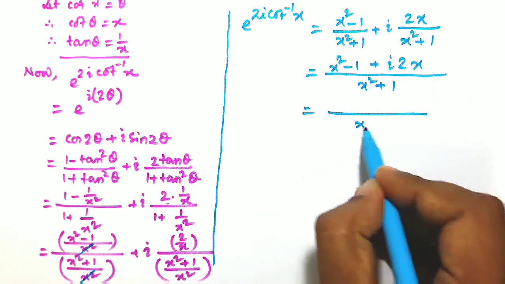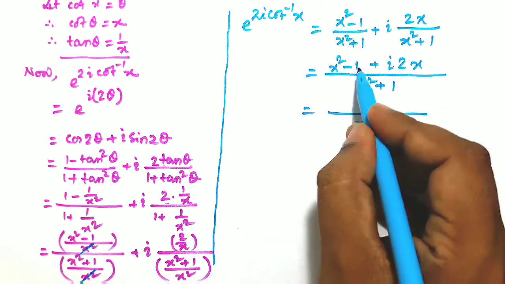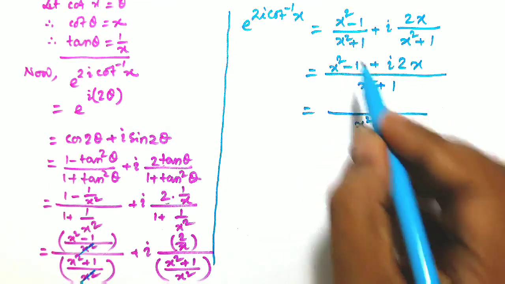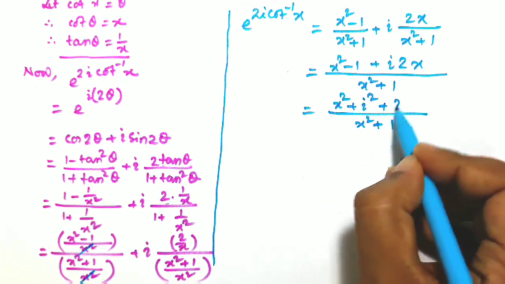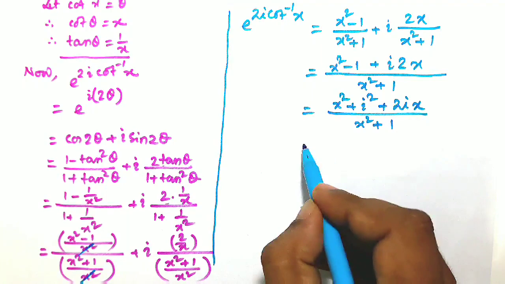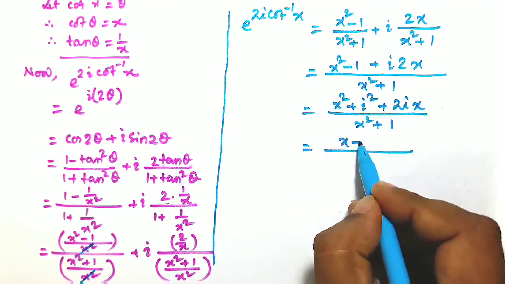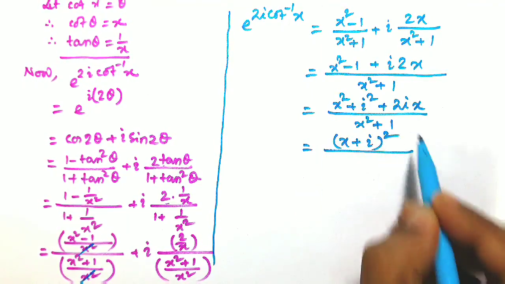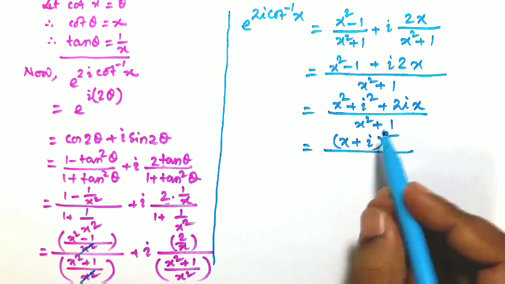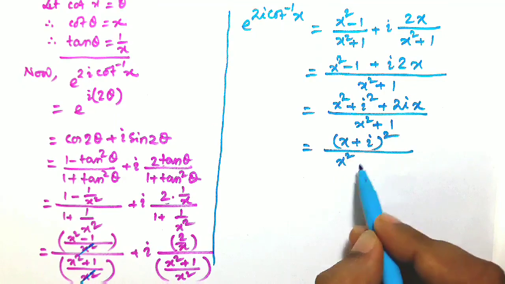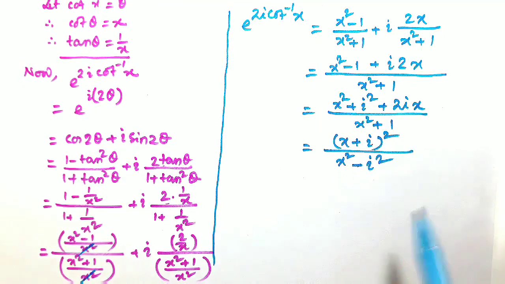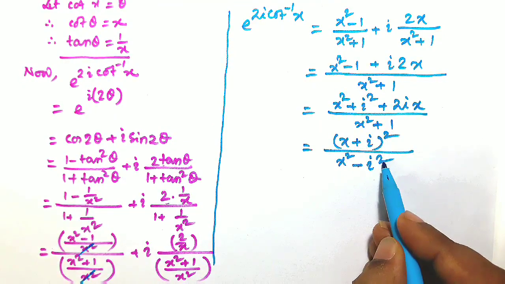This is equal to x square plus 1, and minus 1 can be written as i square. So this is x square plus i square plus 2ix. So the numerator becomes x plus i whole square upon x square plus 1. Now this x square plus 1 can be written as x square minus i square, because i square is equal to minus 1.